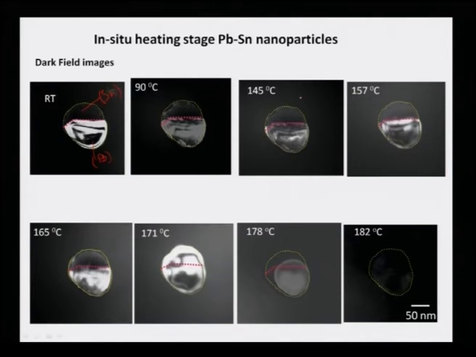From room temperature to 157 degrees Celsius there is not much change except that the volume fraction of lead and tin changes, but as you heat it to 171 degrees Celsius the whole particle becomes fully lead solution, then at 178 degrees Celsius it starts melting, and finally at 182 degrees Celsius it is fully molten.